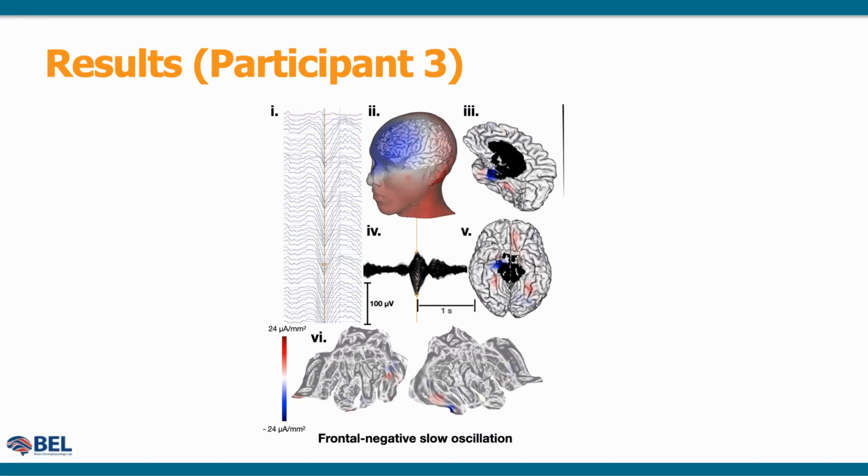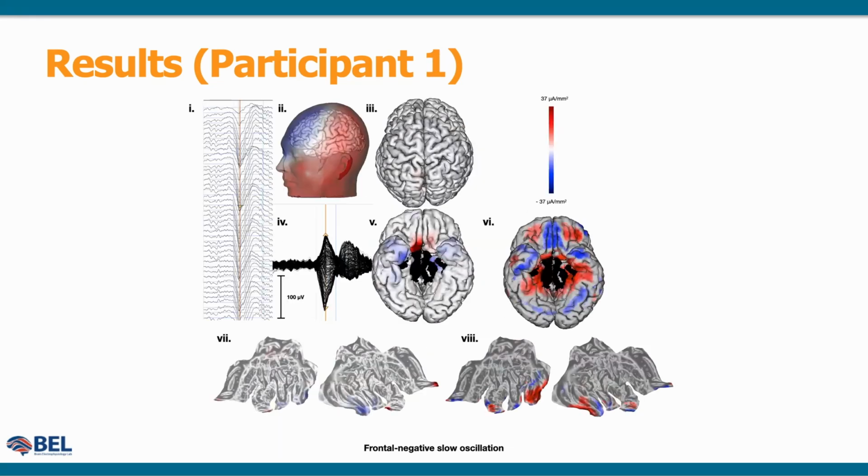You can see that in this case, in figure 2, and then at the same time point of the voltage waveform in 4. So a pretty consistent pattern of frontal negative, posterior positive with an inversion line, again, at the frontal temporal regions.